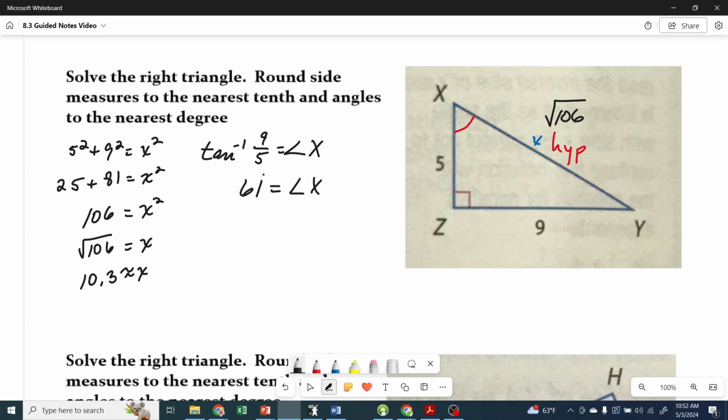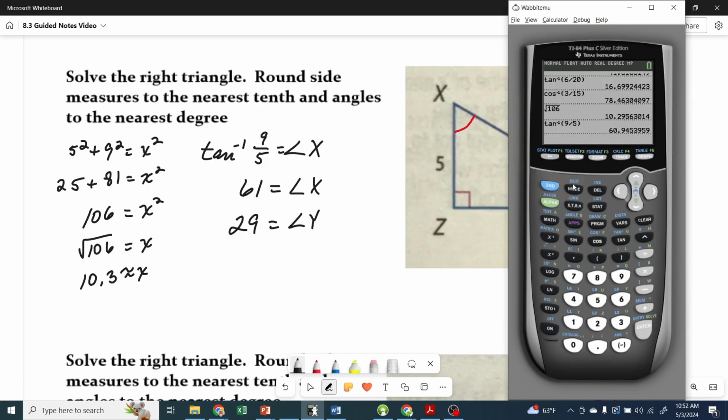Well, if angle x is 61, angle x and y have to add up to 90, so that makes 29 equal to angle y. Now, just to show you something, if I had gone with the sine of x, I would have gotten the same exact value.